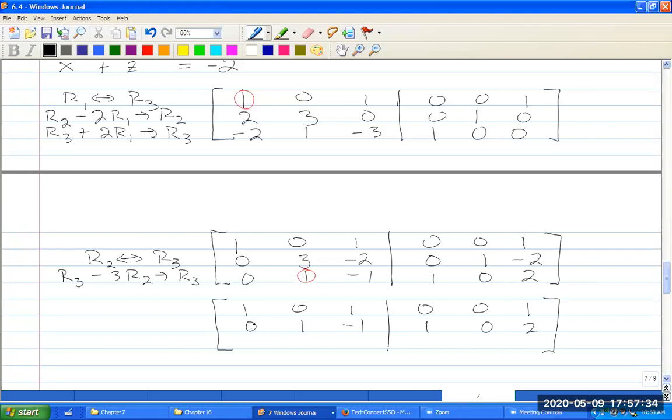So 0 plus 0, 0. 3 minus 3, 0. 3 plus 2 is 1. 3 minus 2 is 1. Okay, good. 0 minus 3, negative 3.